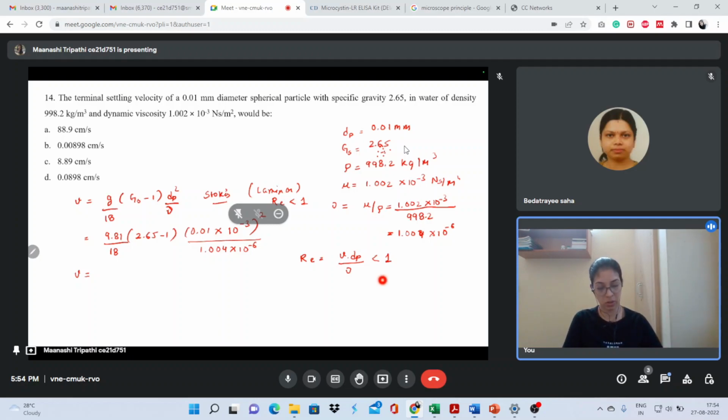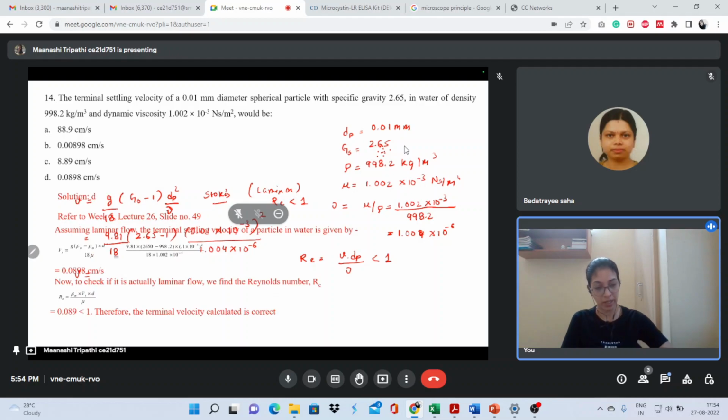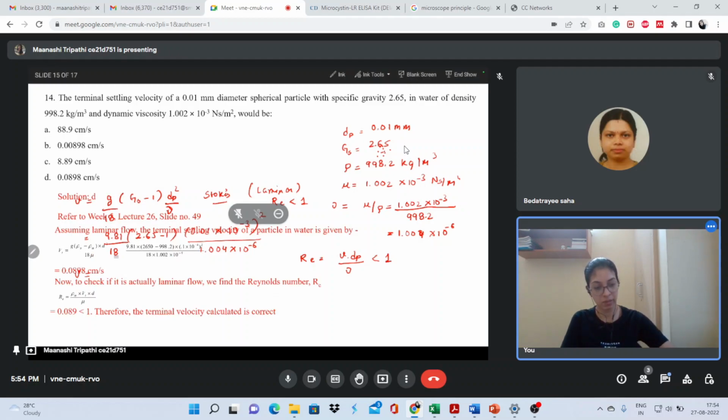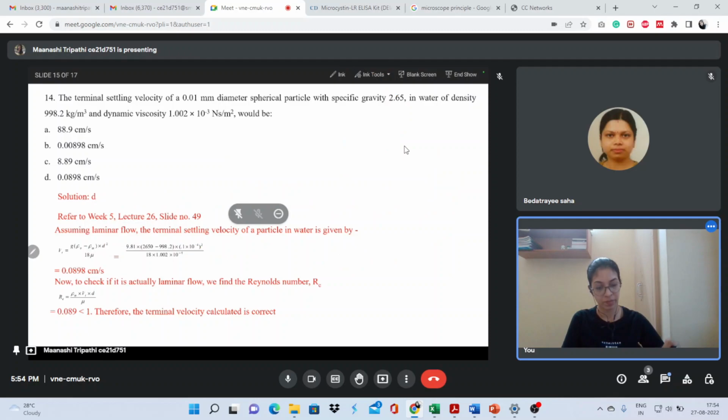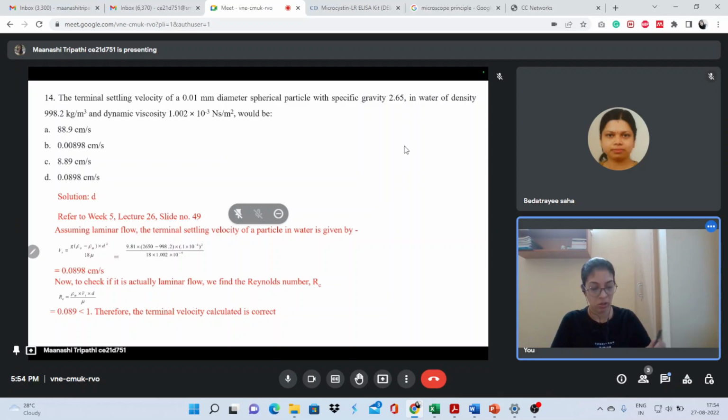So we'll see the solution. I'll clear it, then we can see. I hope these things are small, but I hope they are visible. So first of all, we are assuming laminar flow, and we are finding the velocity by Stokes velocity. What we got?